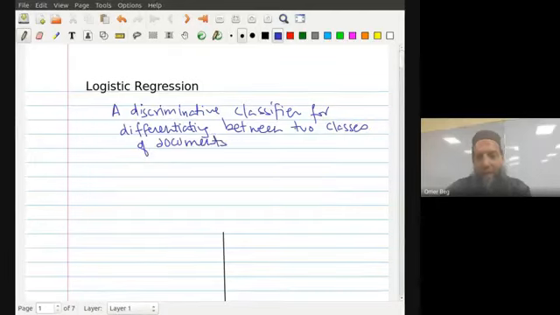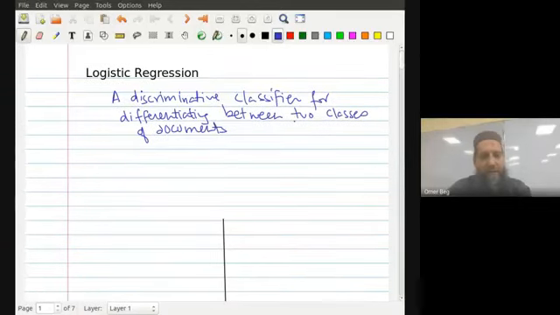And when we are talking about exactly two classes, this would specifically be known as the binomial logistic regression, or the binomial version of the logistic regression. And we'll be using their features, that is the features of the documents.